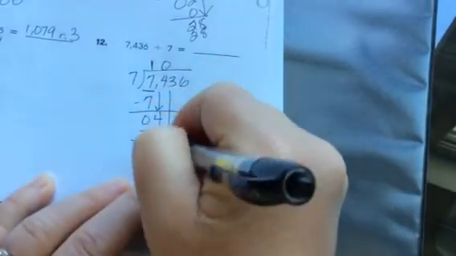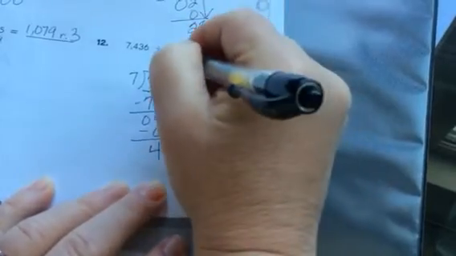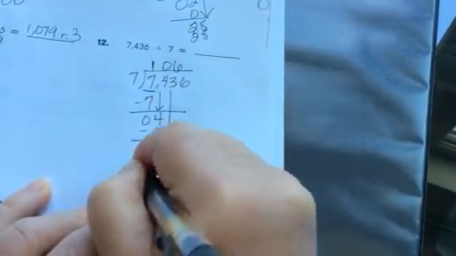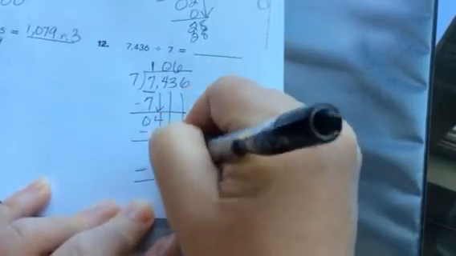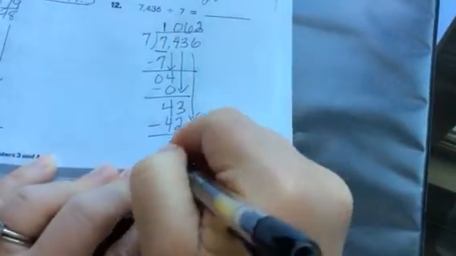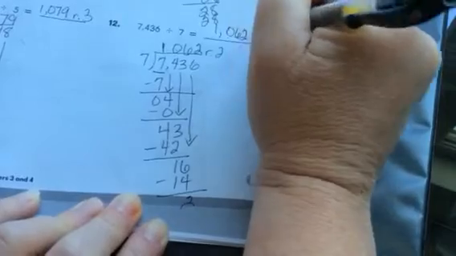Subtract, you've got 4. Bring down your 3. 7 goes into 43 6 times. 6 times 7 equals 42. Bring down your 6. 7 goes into 16 2 times. So our answer is 1,062, remainder 2.